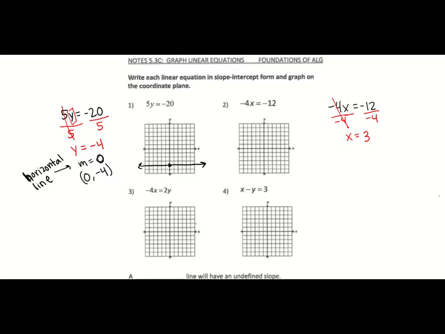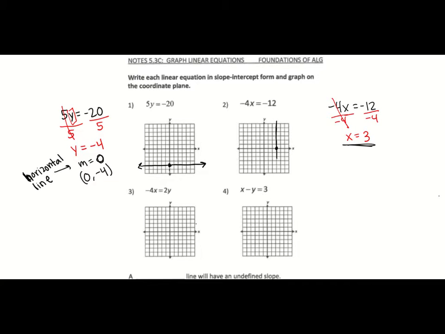To graph this line, it's going to be very similar to our last example, but instead of crossing at y equals -4, we need to find x equals 3. 1, 2, 3. This means that no matter where we are on the line, x always is going to equal 3.